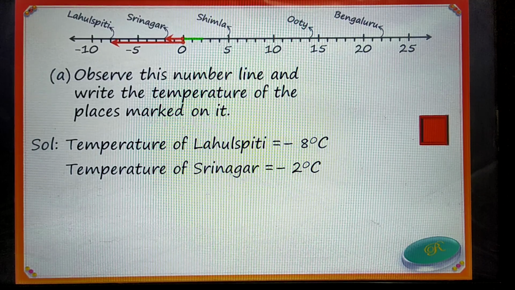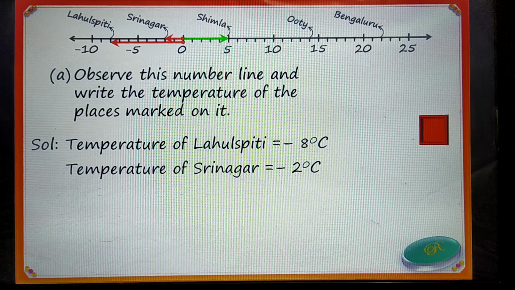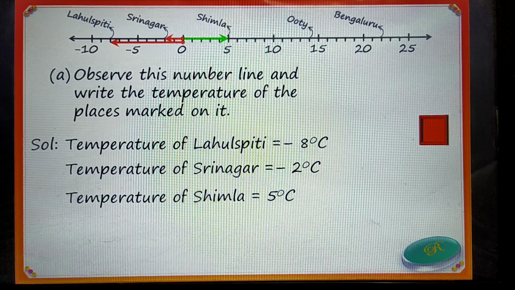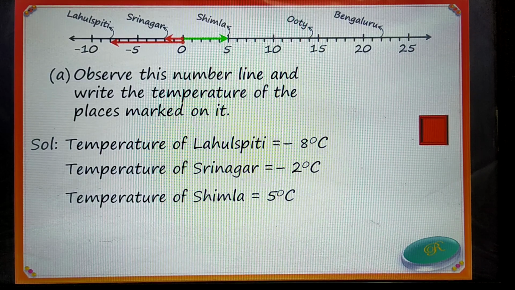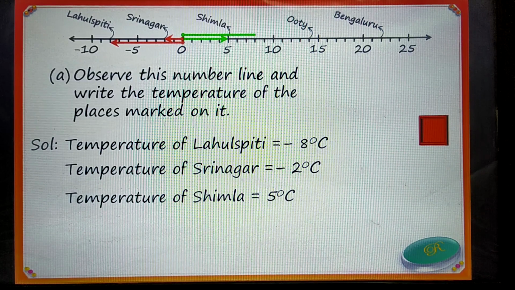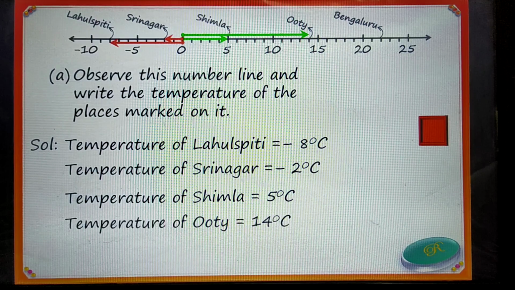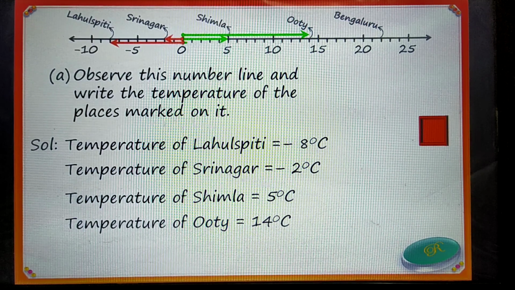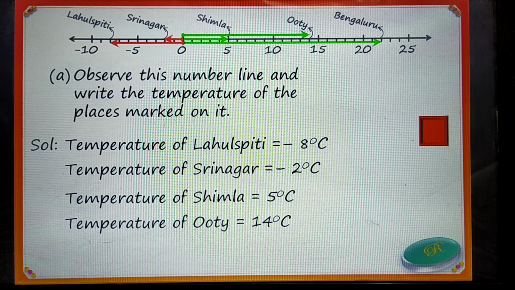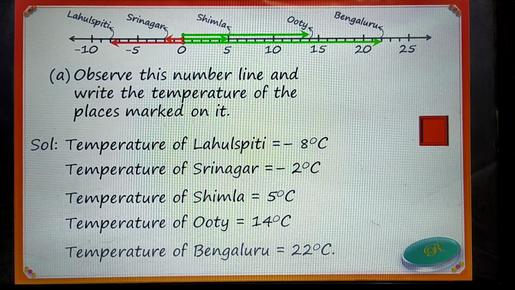Temperature of Simla is equal to 5 degrees Celsius. Temperature of Ooty is equal to 14 degrees Celsius. Temperature of Bengaluru is equal to 22 degrees Celsius.